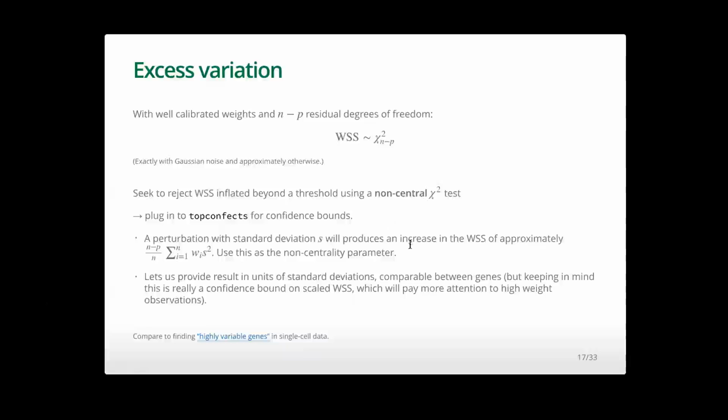Working out the non-centrality parameter for this test, I wanted these tests to be comparable between genes. So thinking about if there's a perturbation not accounted for by the model or by noise with some certain standard deviation, we can think about how much that weighted sum of squares would be increased by.